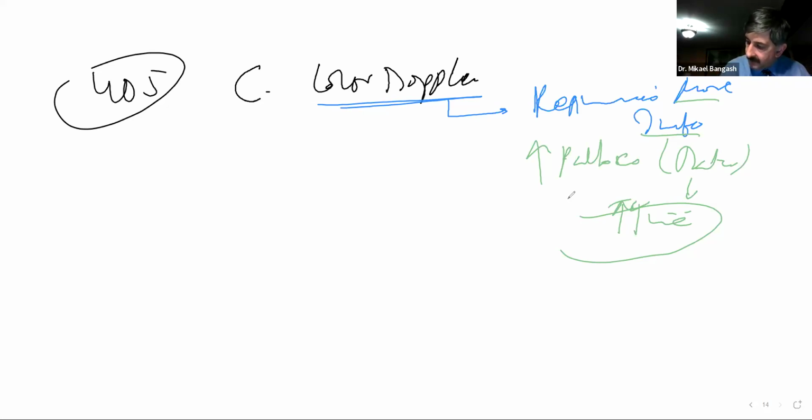Which of the following imaging modalities has the best temporal resolution? And that is your M mode.